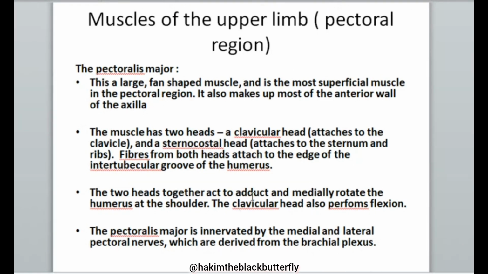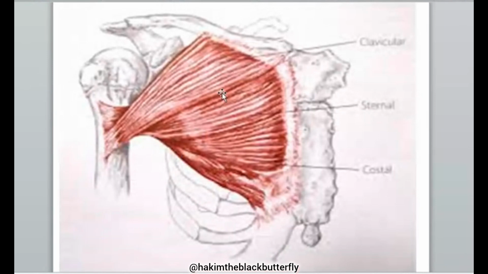But the fibers which are originating from the clavicle also can flex the arm at the shoulder joint. So this muscle adducts the humerus, medially rotates the humerus, and these fibers originating from the clavicle can perform flexion at the shoulder joint.